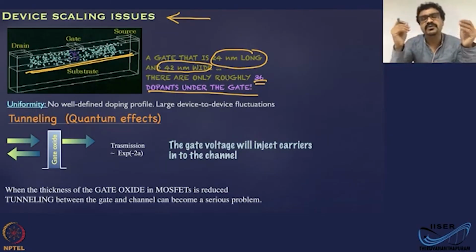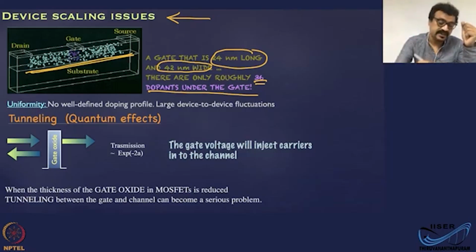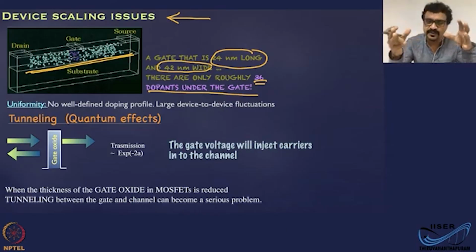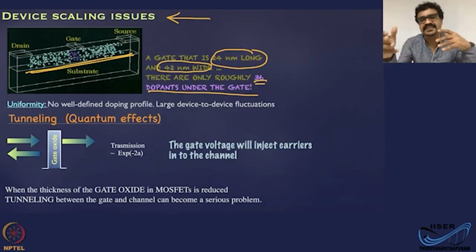If you have say 1000 dopants and they vary by 1 or 2, that's a very small fraction. But if you have 36 dopants as mentioned here, or 20 dopants, and you vary by a few dopants, that's a huge fractional change when you go from one device to another device.